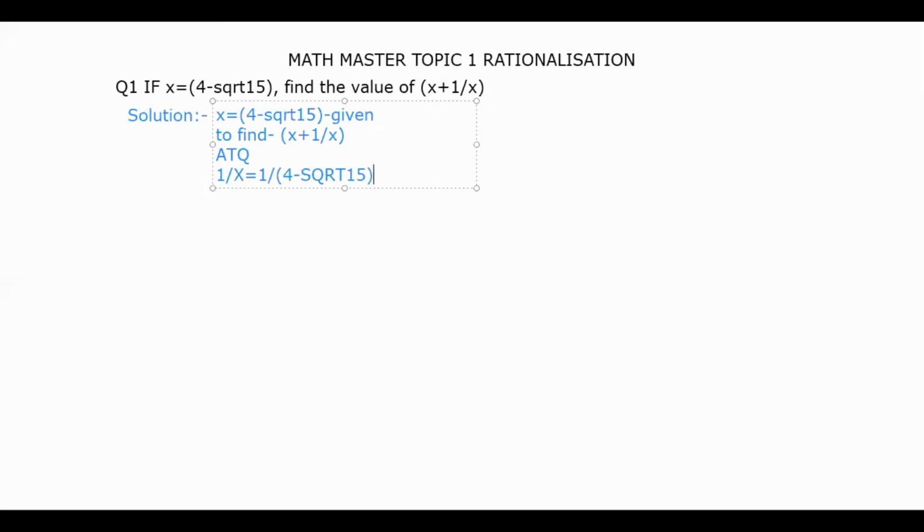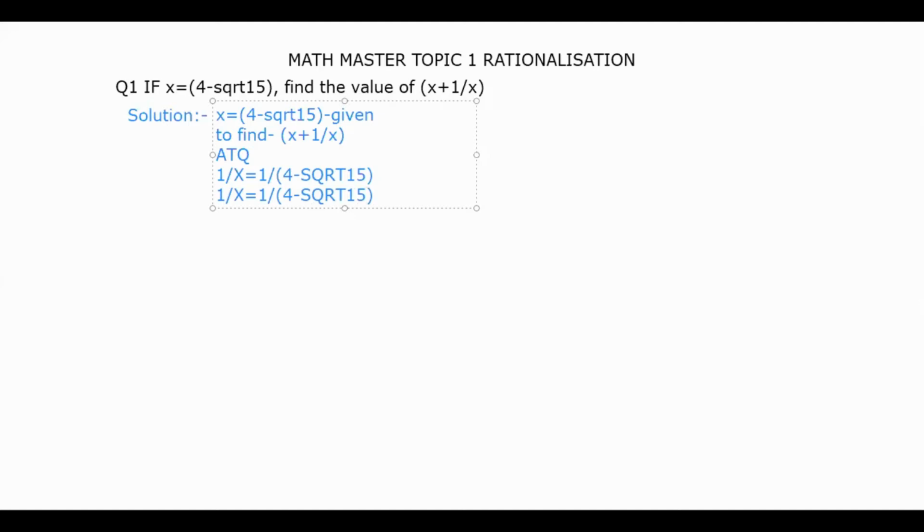So this is our first step. Now I have told you to multiply with its conjugate. So I am multiplying with its conjugate, that is 1 upon x equals what it will become, 1 upon 4 minus square root of 15.